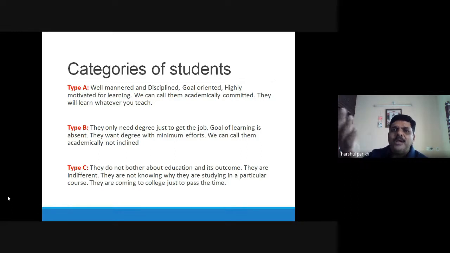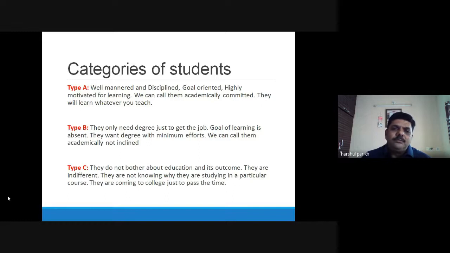They are goal-oriented. What they want to achieve is clear in their minds, and that's why they are highly motivated. We can call this student academically committed. They will learn everything, whatever you teach, with equal enthusiasm because their goals are clear.